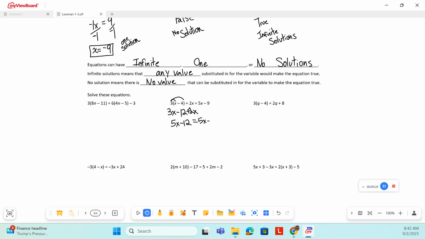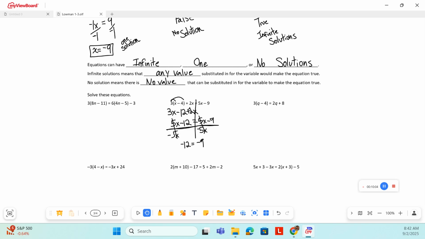5x minus 9. And you might ask, well, do I have to solve it out all the way if I notice, hey, those are 5 and 5x, these are not going to be the same? No, you don't have to. If you get to this point and you notice those are different, it's going to be false. But just in case, subtract it out. Just cancel. I get negative 12 equals negative 9.